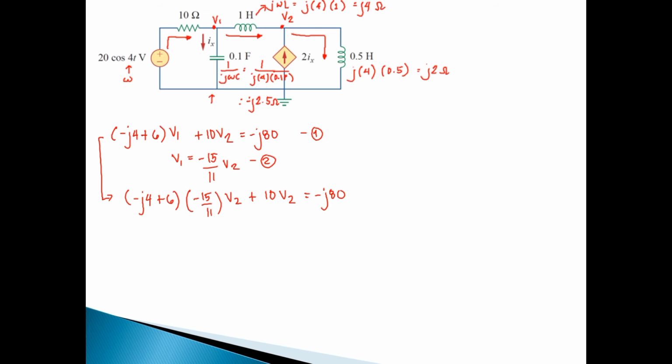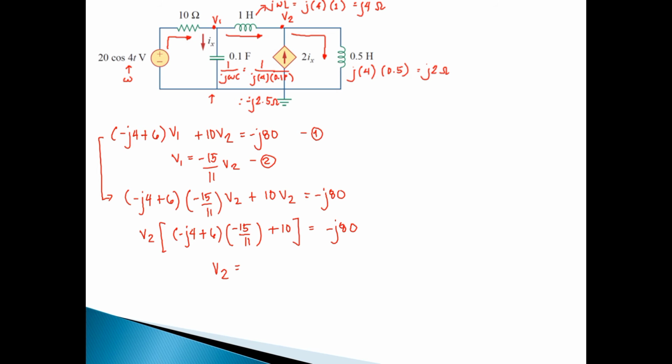So, we can factor out the V2. We have negative j4 plus 6 times negative 15 over 11 plus 10 equal to negative j80. Therefore, our V2 will be negative j80 divided by this expression, negative j4 plus 6 times negative 15 over 11 plus 10.